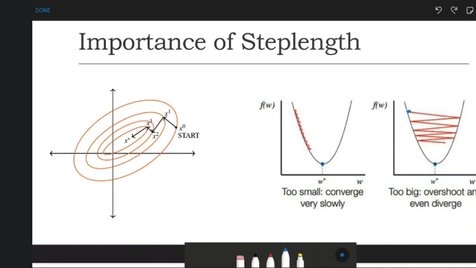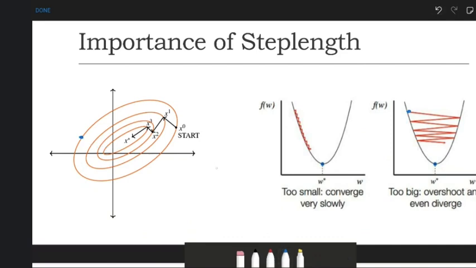Let's take this in 3D. If you start here and your alpha is big, you will reach somewhere over here. Then from here, you're supposed to find the gradient. It will be somewhere over here. Keep going. The same thing is happening here. If alpha is very small, you'll keep going very slowly.